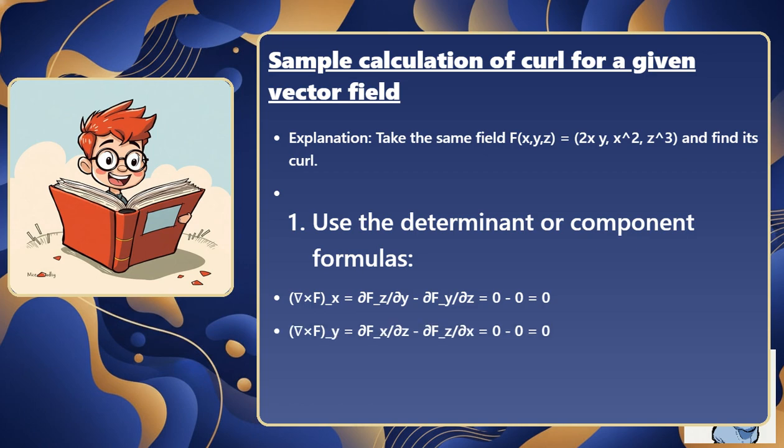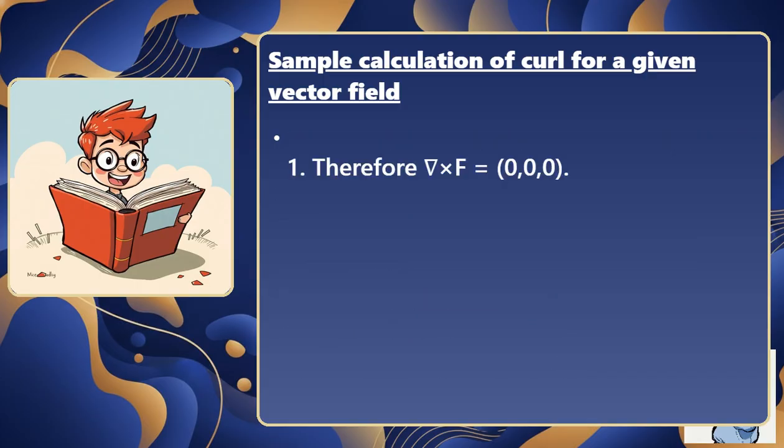The y component of nabla cross f equals partial of f_x with respect to z minus partial of f_z with respect to x equals 0 minus 0 equals 0. The z component of nabla cross f equals partial of f_y with respect to x minus partial of f_x with respect to y equals 2x minus 2x equals 0. 2. Therefore nabla cross f equals (0, 0, 0).